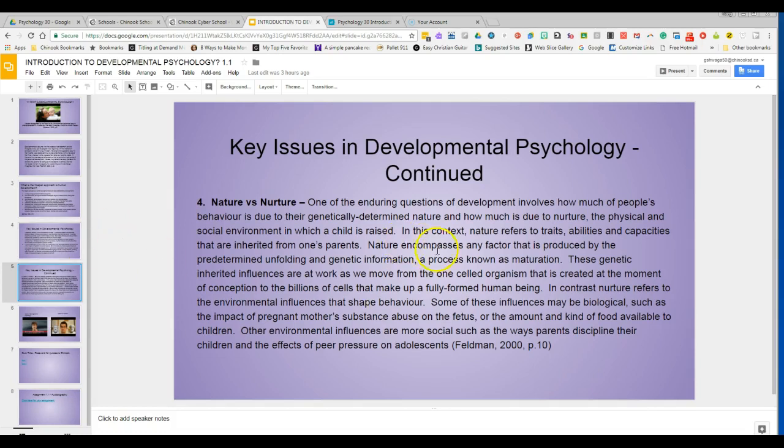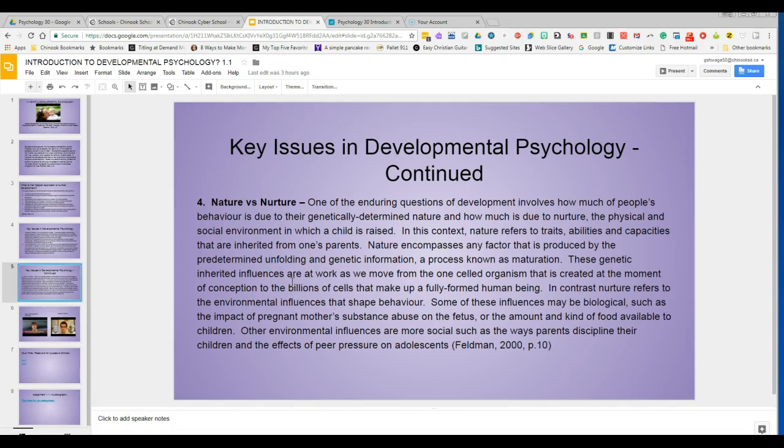So nature encompasses any factor that is produced by the predetermined unfolding of genetic information, a process known as maturation. So genetic inherited influences are at work. And it says we move from the one-celled organism that is created at the moment of conception to billions of cells, and now those cells are influenced by our genetic makeup.